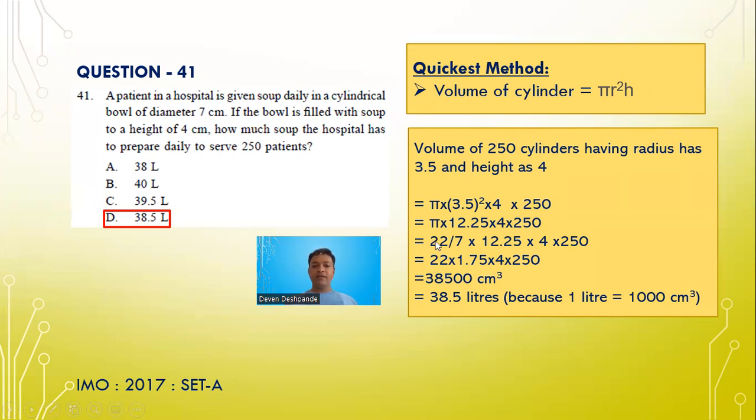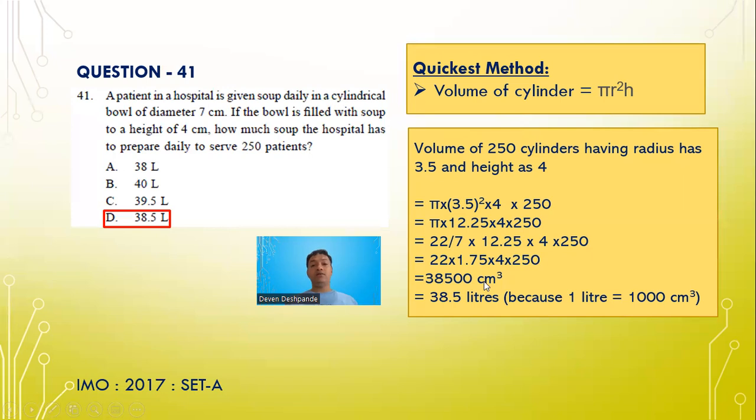So what is pi? Pi is 22 upon 7 into 12.25 into 4 into 250. So when you divide 12.25 by 7, you get 1.75. So 22 into 1.75 into 4 into 250. When you multiply all this, it will be 38500 cubic centimeters.